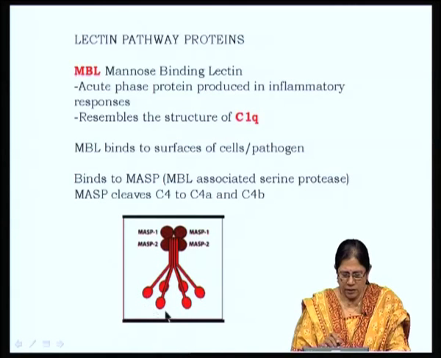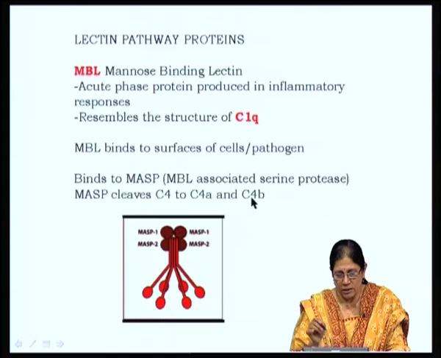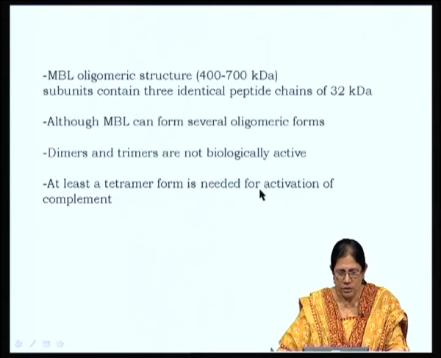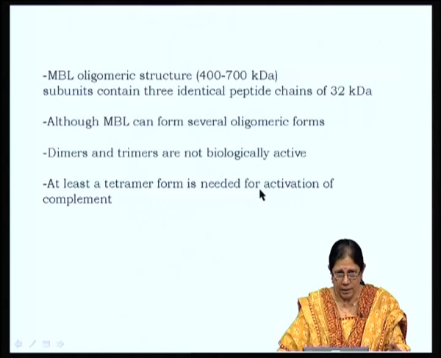Now, you have a bacterial surface where the MBL is bound. This binding activates MASP1 and 2, the serine proteases, and this recruits C4 to the site and cleaves C4 to C4a and C4b, and the rest of the cascade is identical to what one sees in the classical pathway.